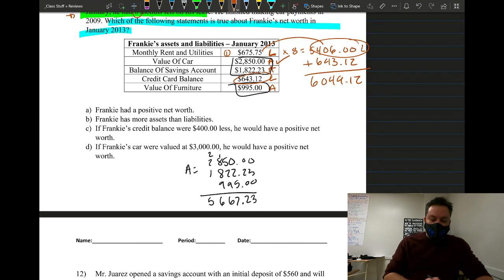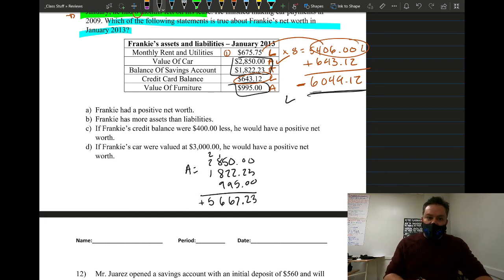So does he have a positive net worth? This is a negative, and this is the positive right here. Which one is bigger? Which one is more money? The red one, ignore the sign for now. This is a liability, and this is an asset. Is the 6,000 more than 5,000?